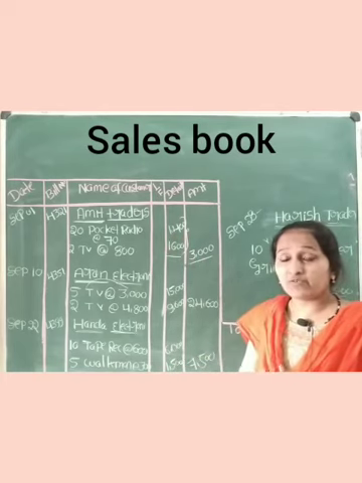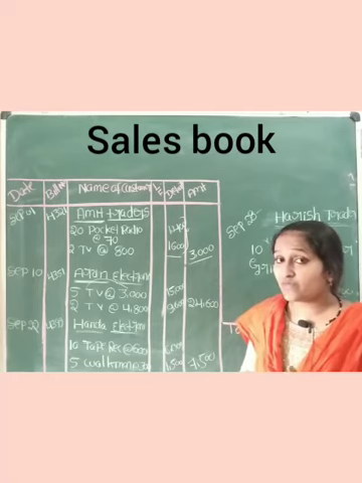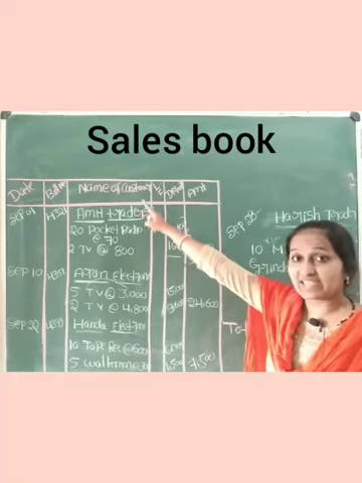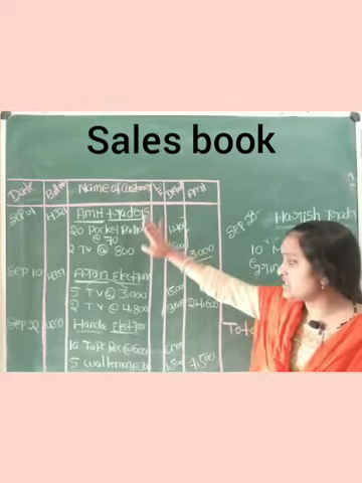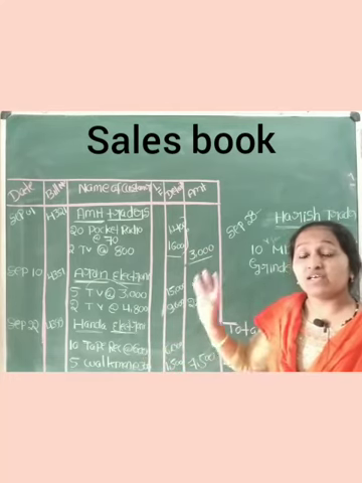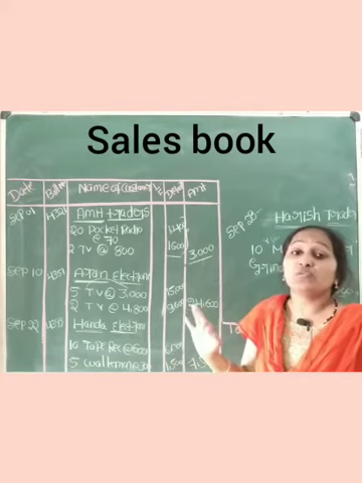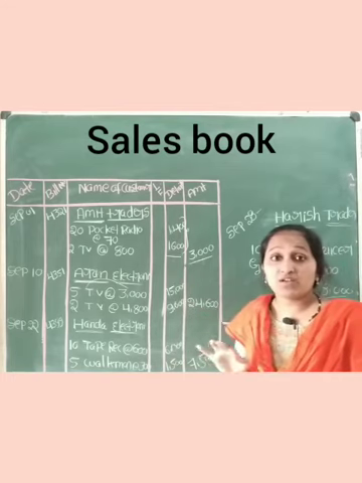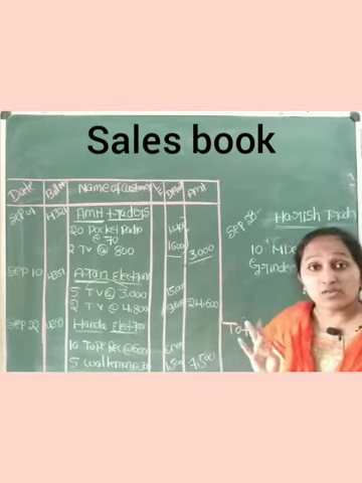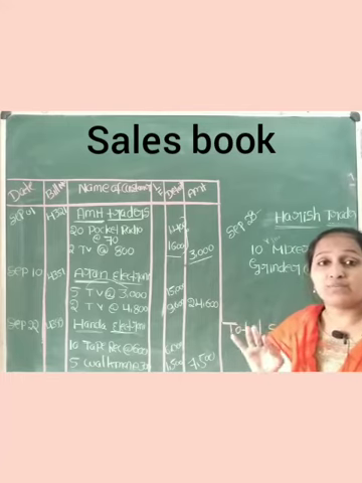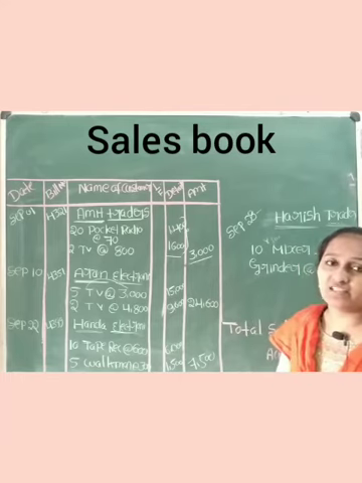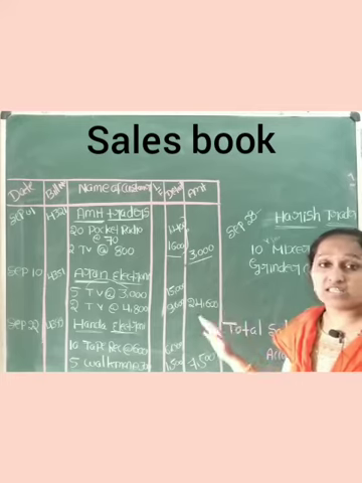As we did for the purchase book, apply the same way; only the column content will change, the rest of the calculations are the same. Even purchase return and sales return are done the same way, only the content of the column changes, not the number of columns. Keep that in mind. It's a very easy lesson.